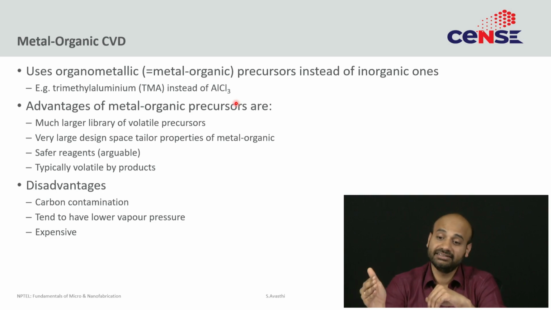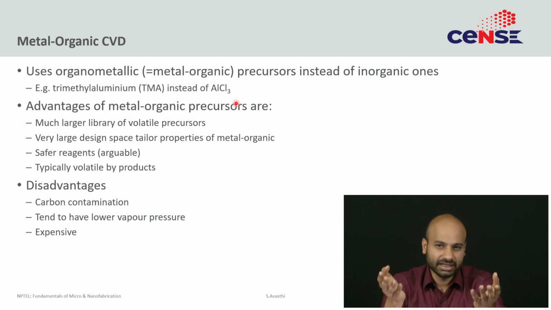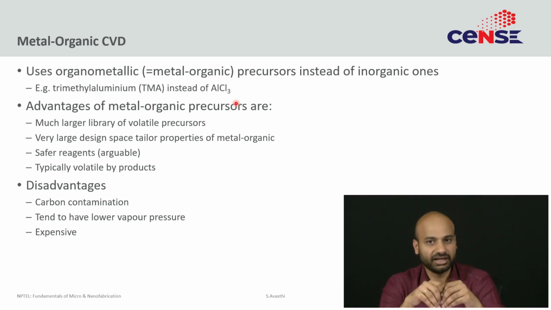Compared to hydrides, they tend to have lower vapor pressure, and they tend to be very expensive because you have to do a lot of chemical synthesis and purification to get it. The carbon contamination in silicon is not so much an issue because carbon is not a defect site. Carbon is a very small molecule, so it is rarely a defect site in any material. But in very cutting edge requirements where carbon contamination also is an issue, you may have to rethink your use of metal organic CVD.